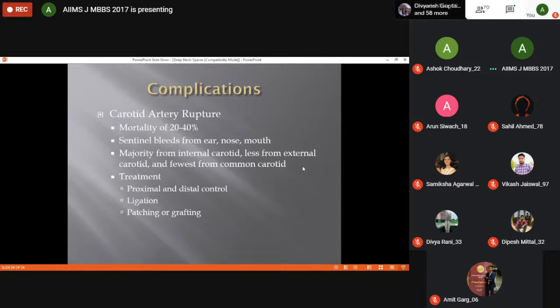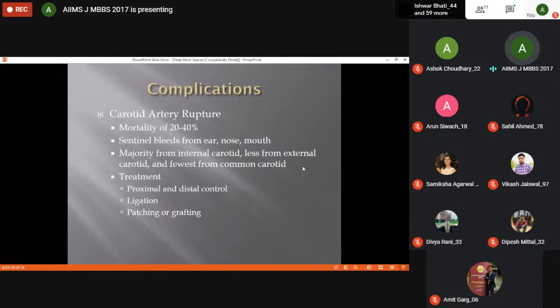Carotid rupture is very rare, and nowadays we never see it because of timely management. If it does happen, the patient won't be able to come to us because the mortality rate is very high and there is very little time. Before the rupture, the patient may have bleeds from the ear, nose, and mouth.